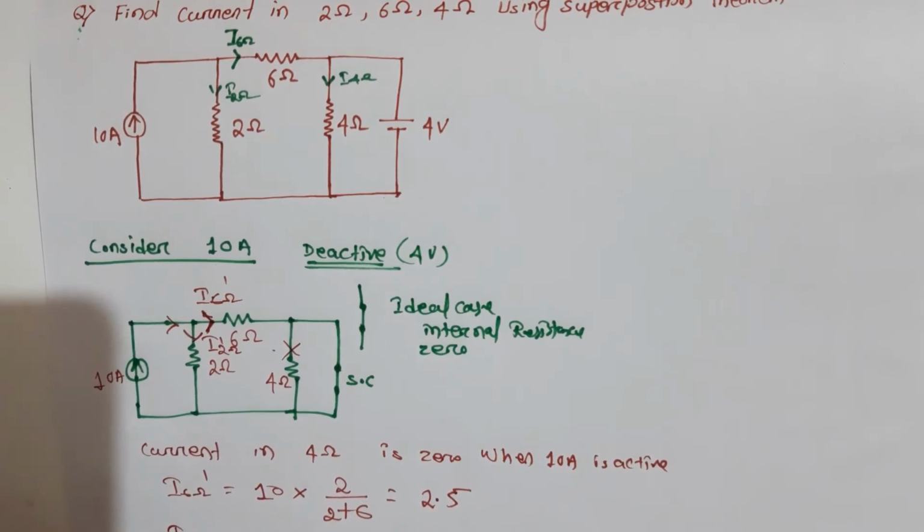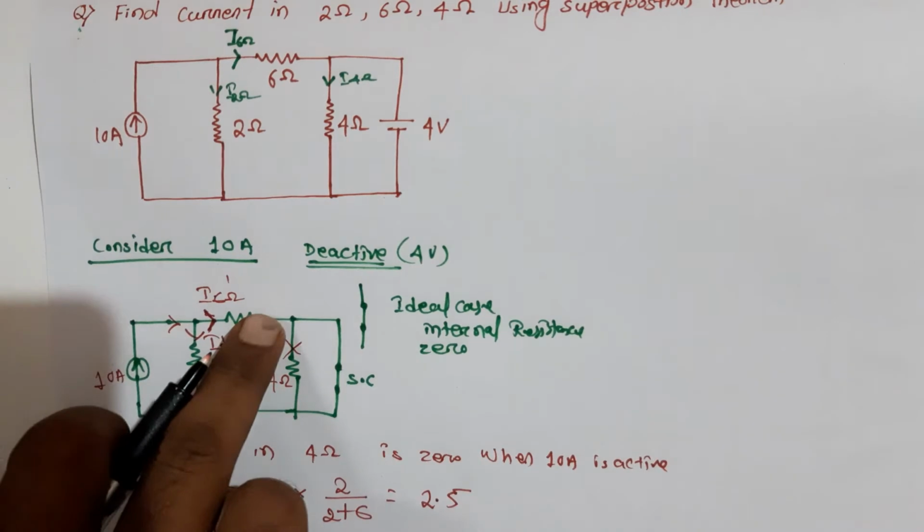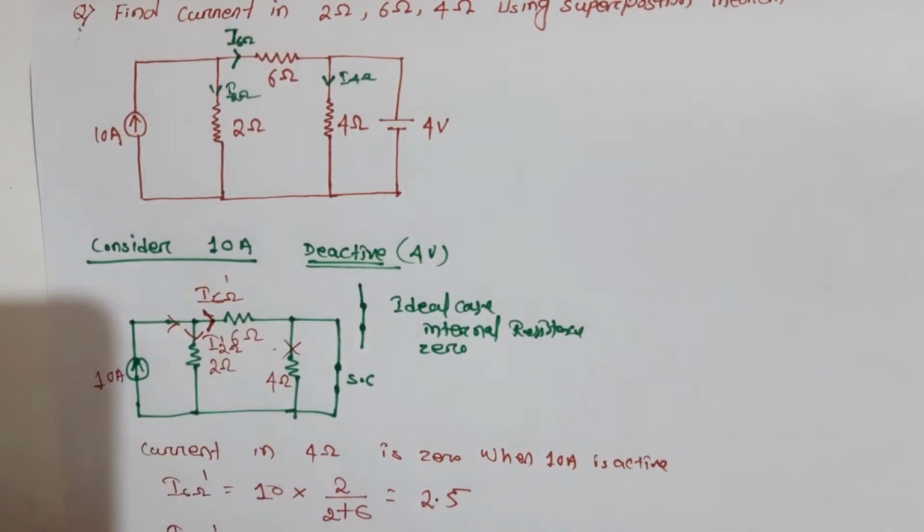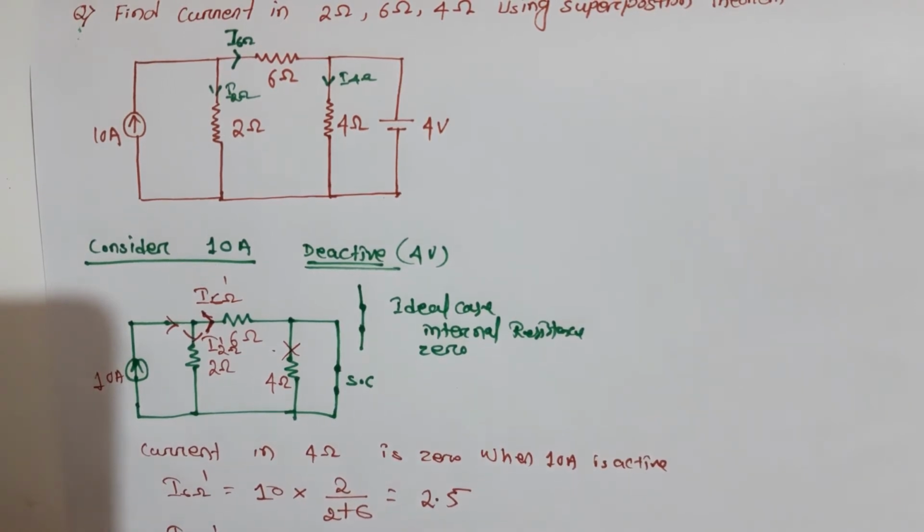You can also calculate the current in the 2 ohm. The current in 2 ohm dash is equal to the total current 10 ampere minus the current in the 6 ohm, 2.5, which is 10 minus 2.5, equal to 7.5 ampere.